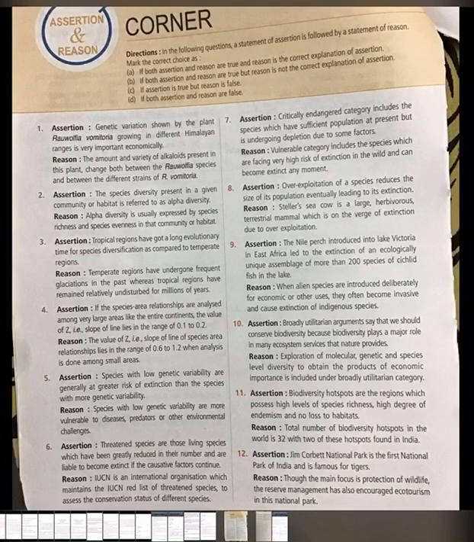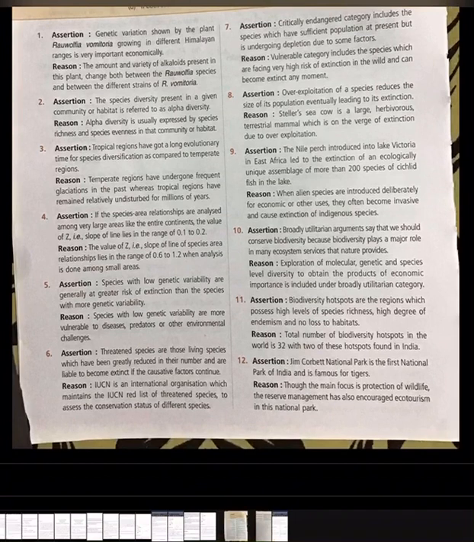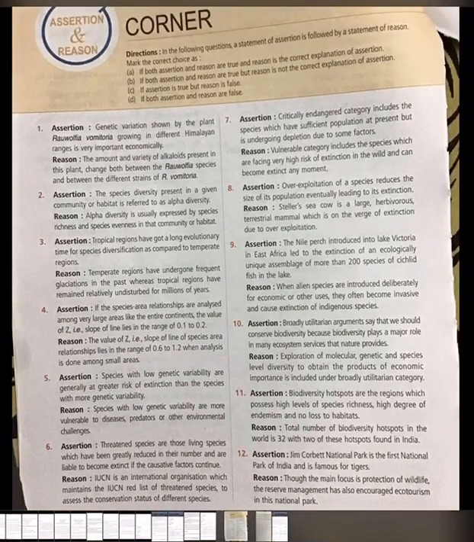Reason: Temperate regions have undergone frequent glaciations in the past, whereas tropical regions have remained relatively undisturbed for millions of years. And the answer again is A. That is, both assertion and reasoning are correct, and reasoning is the correct explanation for the assertion.